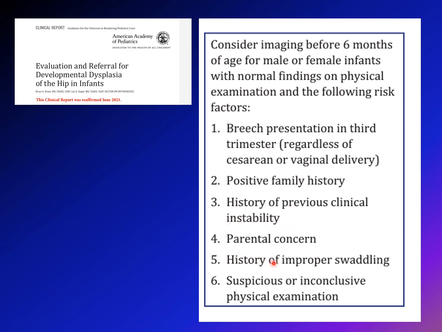If the family is concerned, or if there is improper swaddling, or if the physical exam is not very conclusive. Of course, if it's conclusive, the indication is to do orthopedic referral. But if it's suspicious or inconclusive, this is where you get the imaging study.